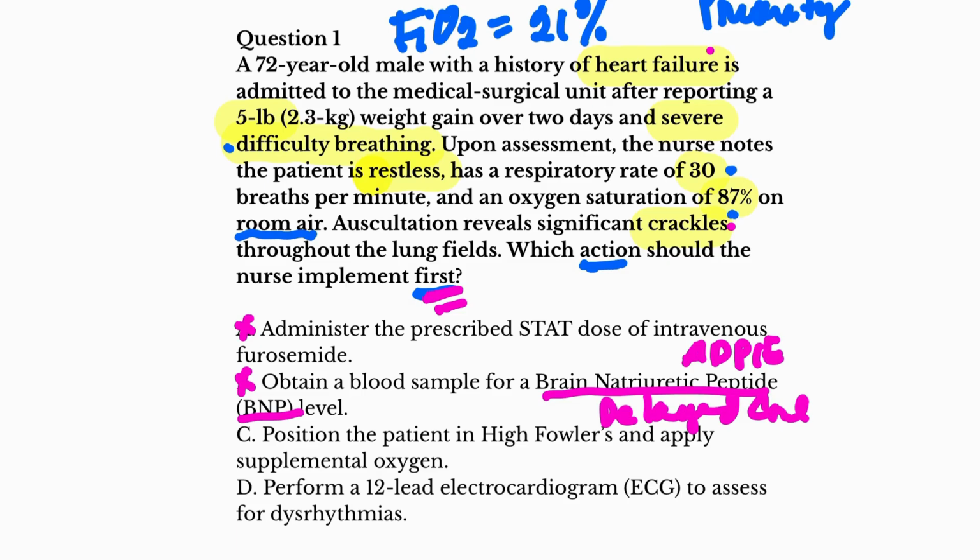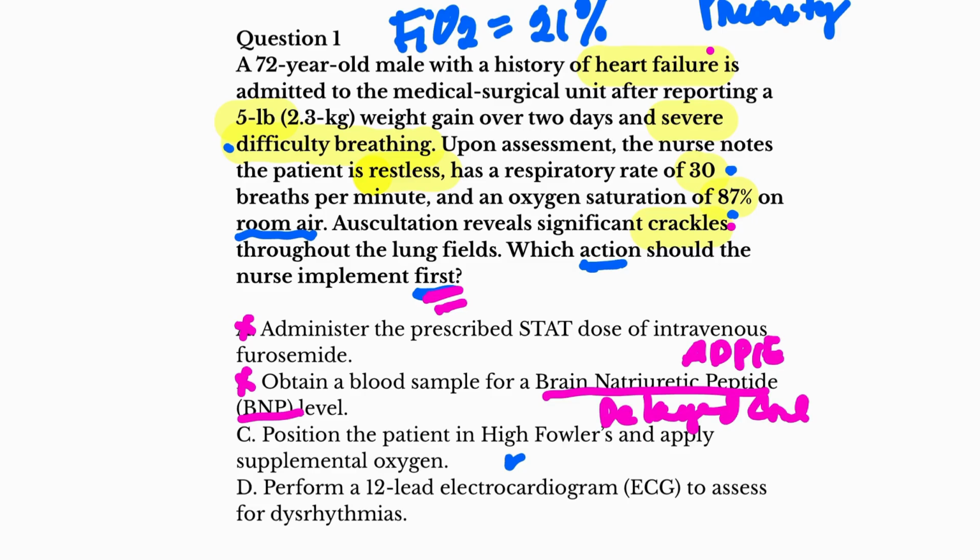And then the O2 sat is 87% at this time. I know we know that the patient has crackles and the patient has weight gain, but in this case scenario, when you apply the oxygen, you can help a little bit with that oxygen saturation of 87%. So let's put a little check on that and see whether that would be a correct answer or not. But let's go to letter D.